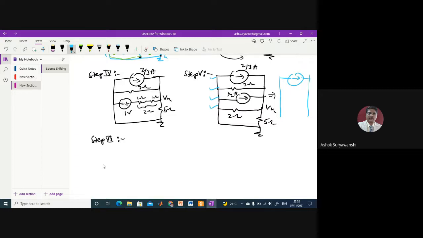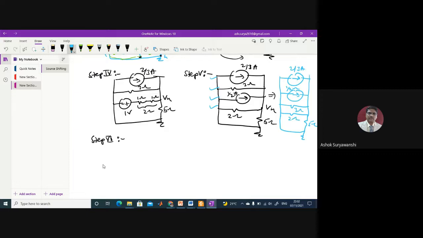So I can take these 2 current sources here, and these 2 resistors here, and then I can draw the remaining one. Right. So now these 2 current sources are in parallel. So you know that in parallel, current sources are added or subtracted, right?